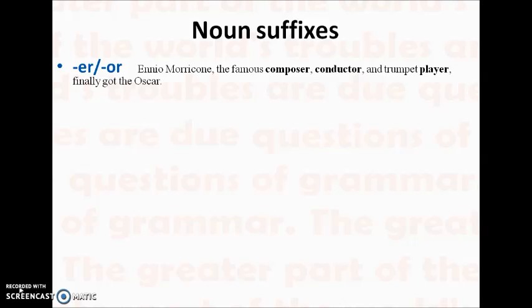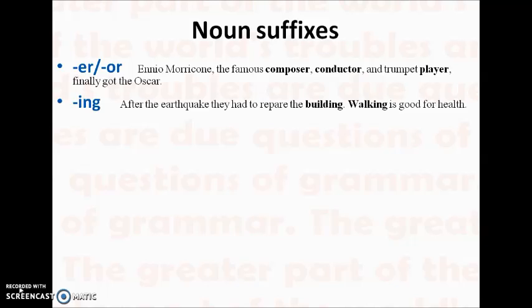Suffix -er or -or is used when talking about a person who does an action. Then we have suffix -ing, like in building or walking, which is used for objects and actions.